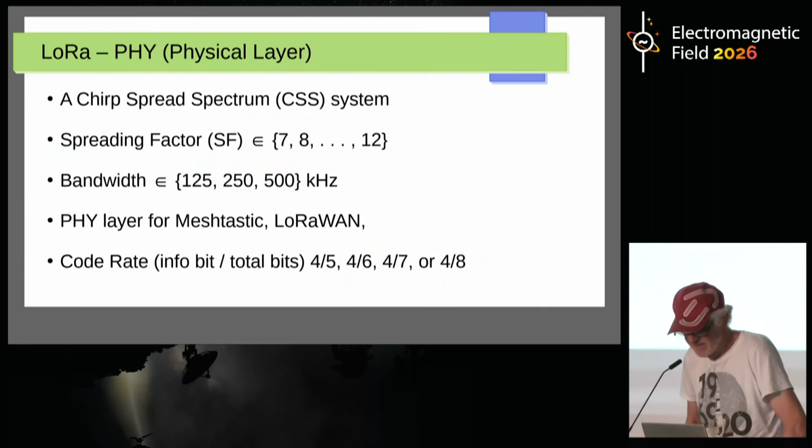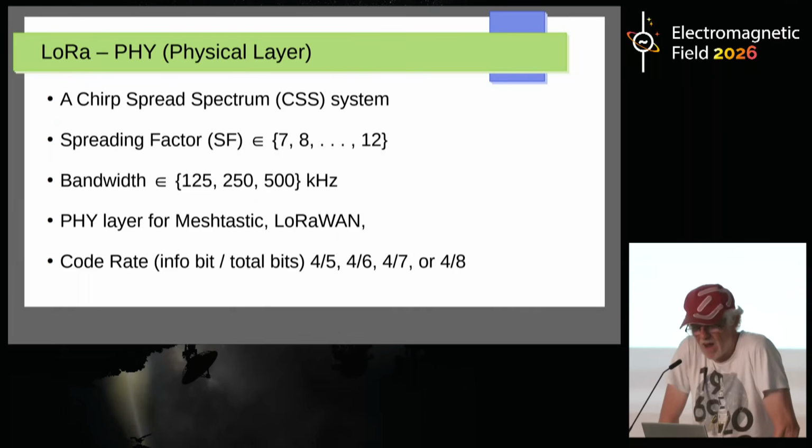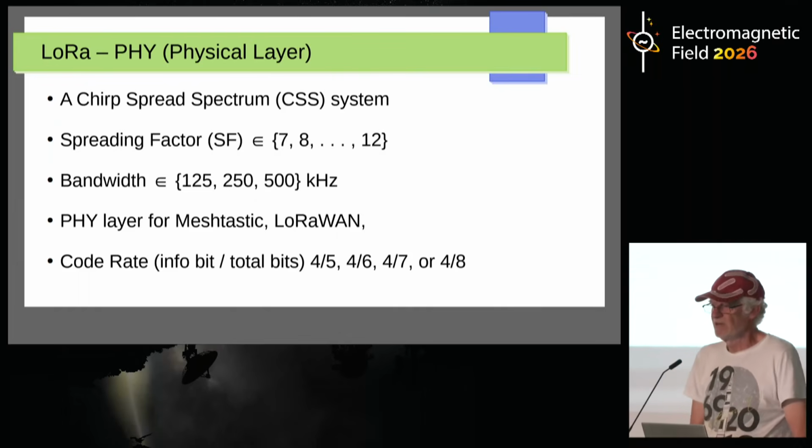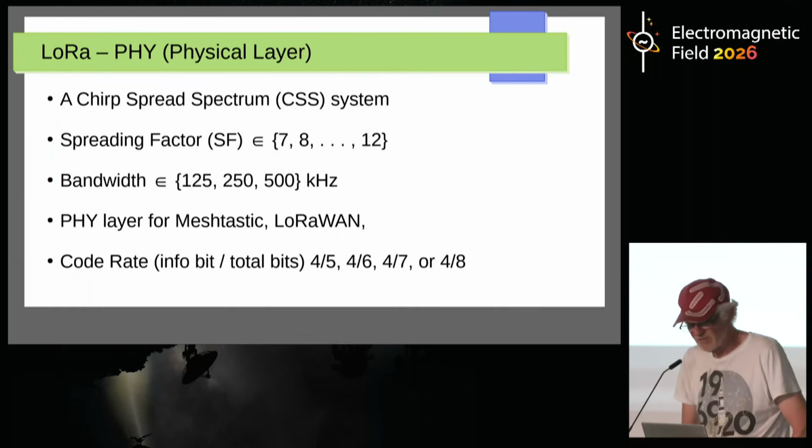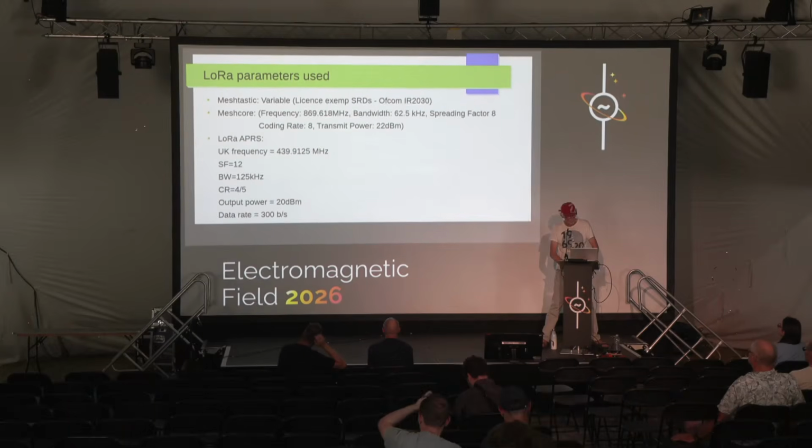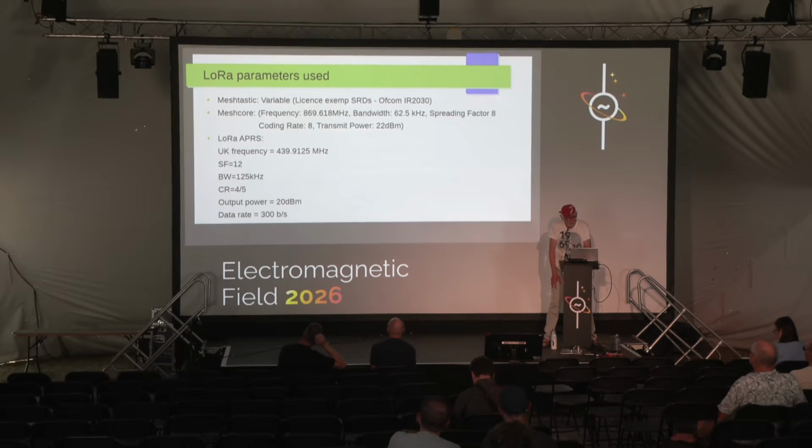So the LoRa physical layer has got many options, and you can mix and match whatever you want really with the LoRa chips. That's the main factors you can vary. So Meshtastic, it's become very popular recently.